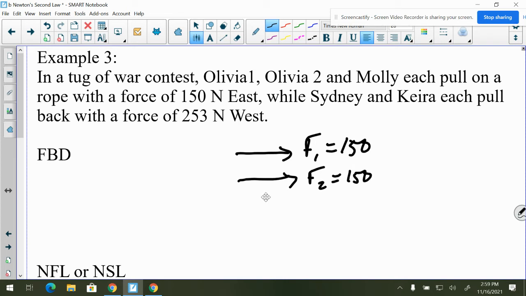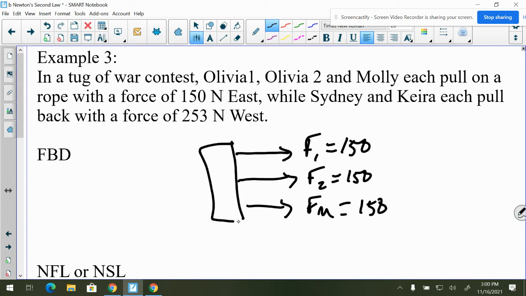And the force of Molly is 150. So here's my object, the rope. I just draw a dot or an object. And at the same time, Sydney and Kira are going to pull with forces of 253. They are beasts. They're going to pull much stronger. So the force from Sydney is 253, and the force from Kira is 253.